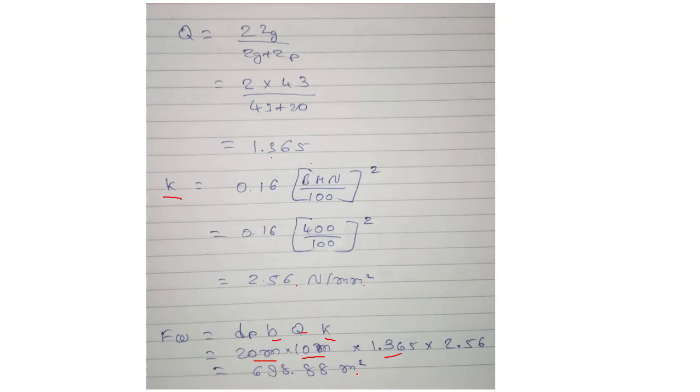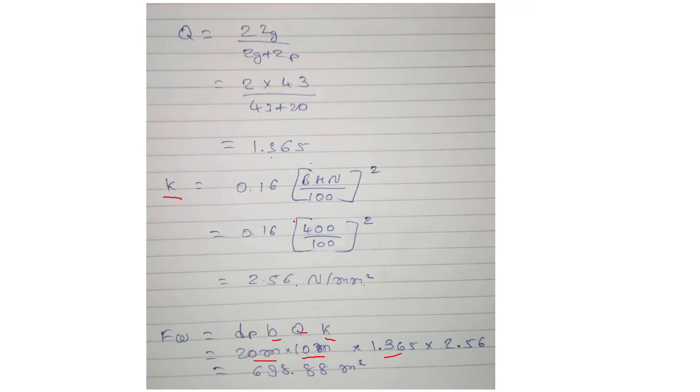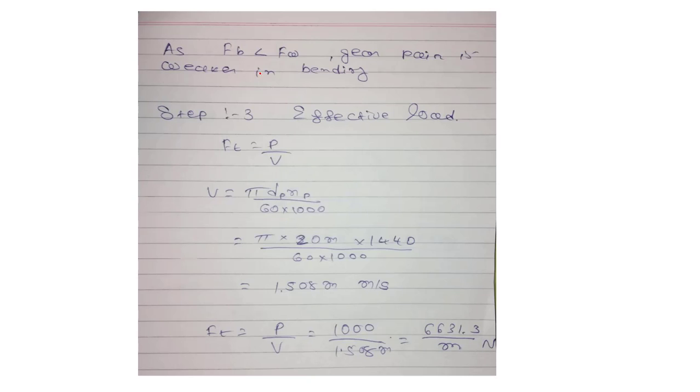Here the value is 698, and for FB the value is 556. So it is clear that FB is lesser than FW, so we will design the gear pair for the bending.